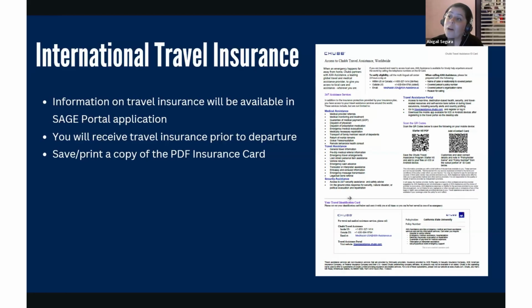So if you need help finding a local hospital that speaks English or recommendations, they would be able to help you. And of course, the team at your host university will also be of assistance to you. But just know that when it comes to the cost, typically the way it works is you pay out of pocket, save receipts and invoices, and then at the end you will be reimbursed.